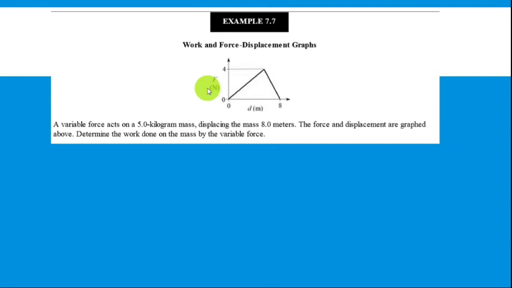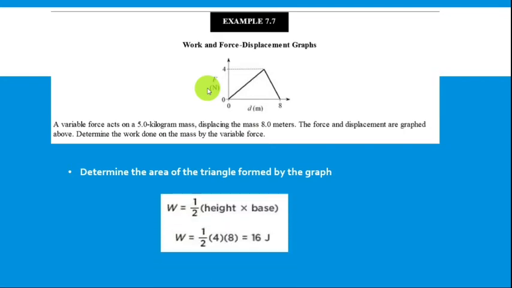So you just write area under the graph. You have a triangle: half times base times height. So half times the height, which is 4, and the base, which is 8. So the answer is 16 joules.